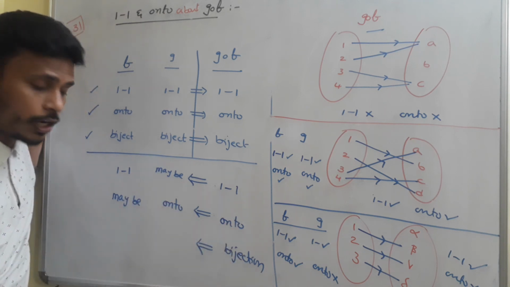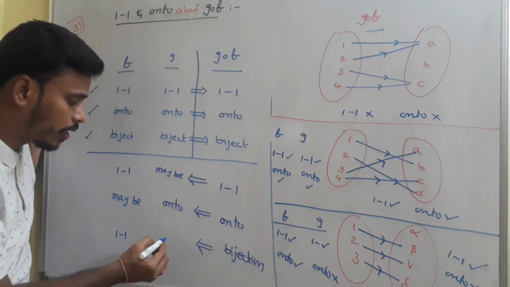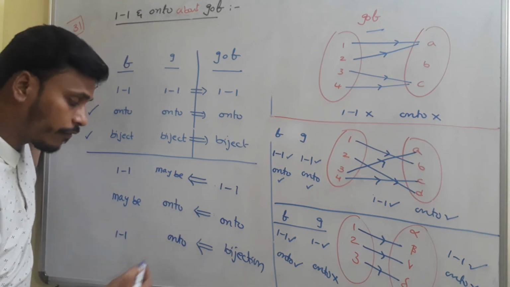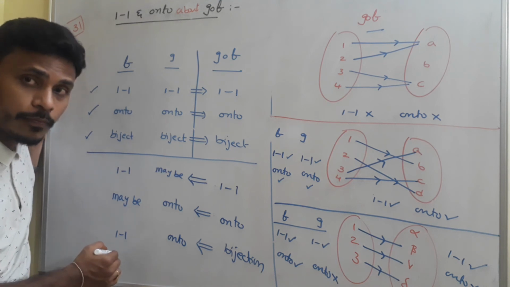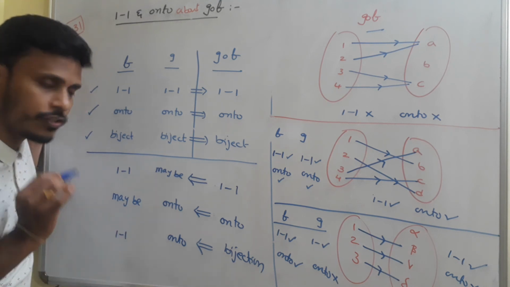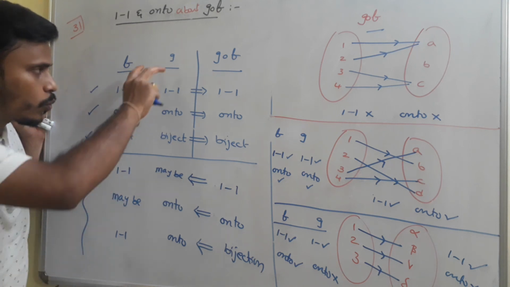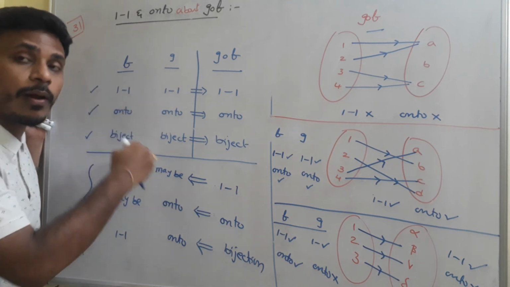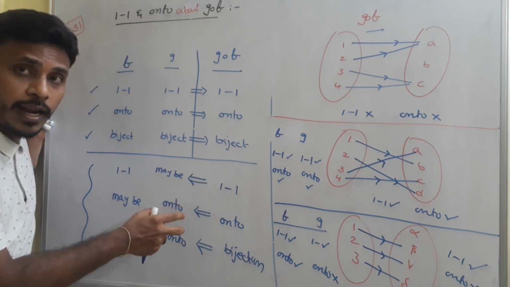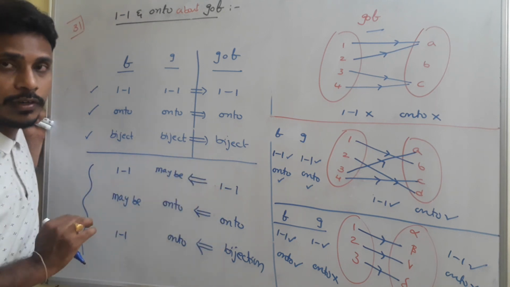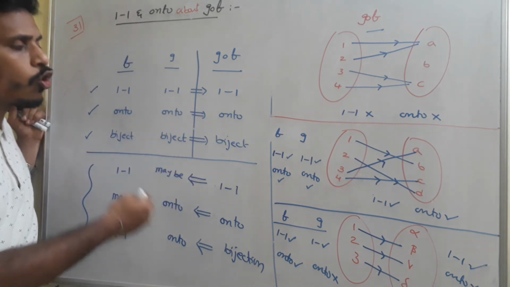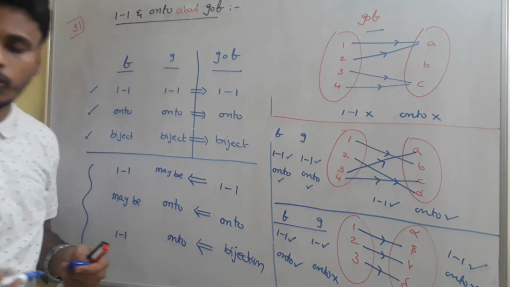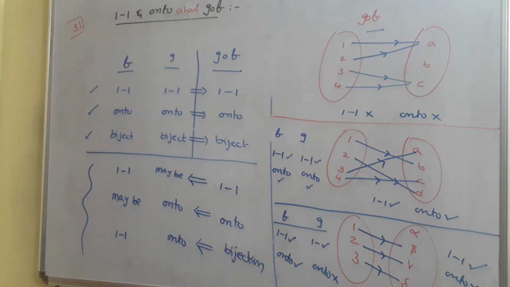Since G circle F is 1-1 and onto, F for sure is 1-1, G for sure is onto, and we don't know about the onto nature of F, and we don't know about the 1-1 nature of G. This is one sketch of analysis: F and G from G circle F. This is another sketch of analysis: G circle F from F and G. We can conclude all these things just by analyzing different examples. Mathematically, a proof is also there for all these things, but we don't need all those proofs for the examinations. Just have a look.